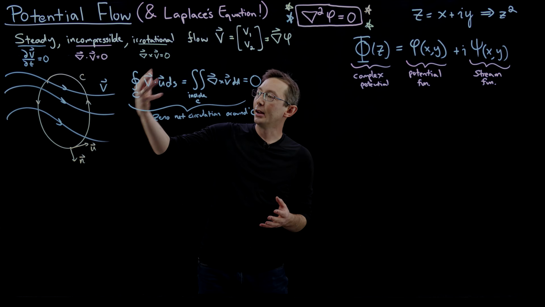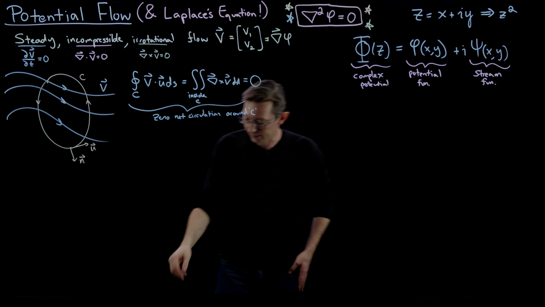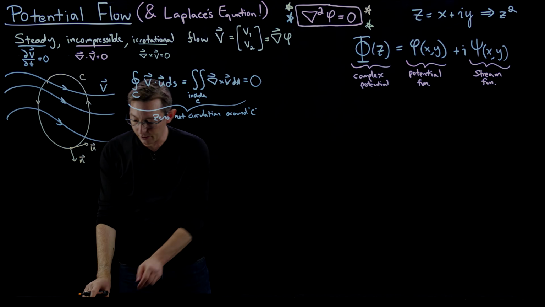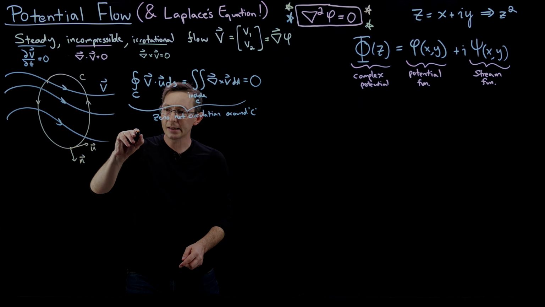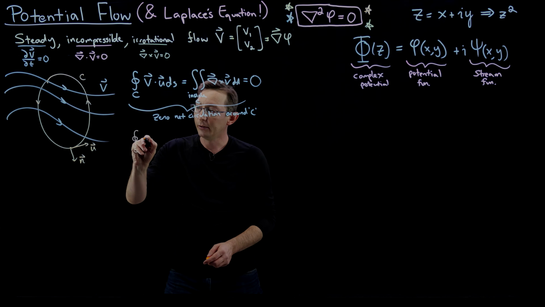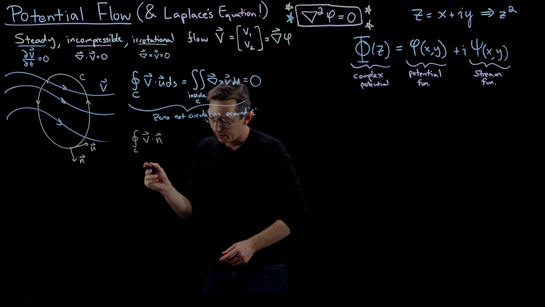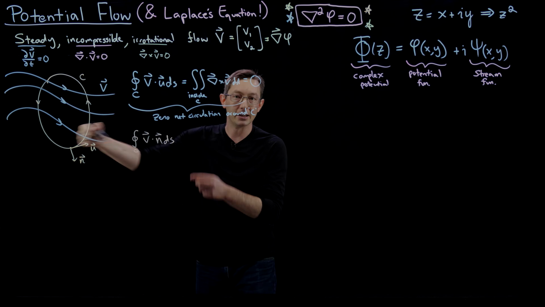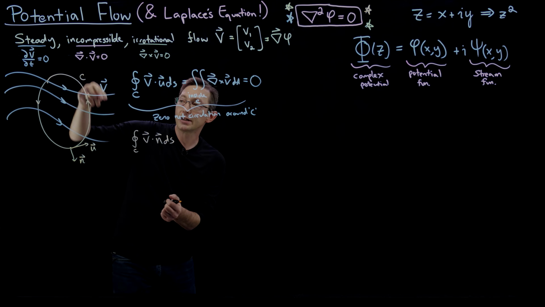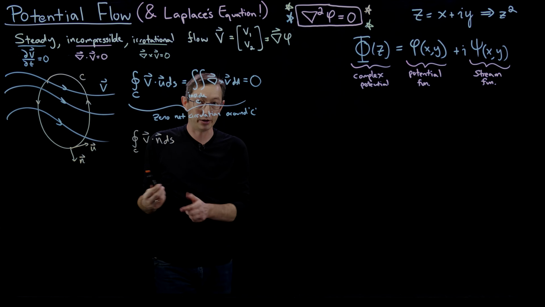Similarly, we can write down a similar property of the divergence of the vector field. So let's write that one down. I'll do this one in orange. And so what we have here is that the contour integral around C of V dotted now into the normal direction, again integrated on every little segment around this contour. So we're again integrating around this contour, but now we're taking the component of V that's pointing normal to the contour.